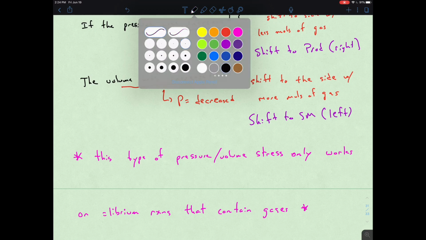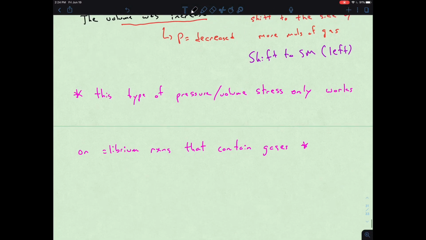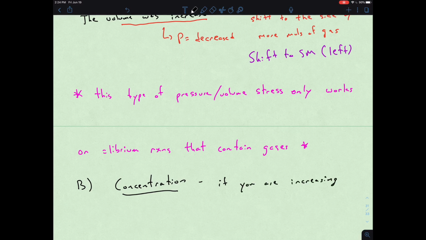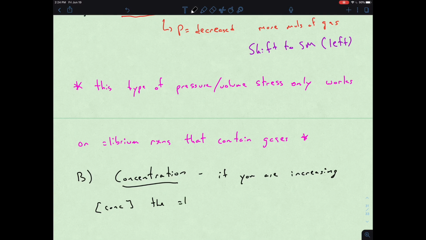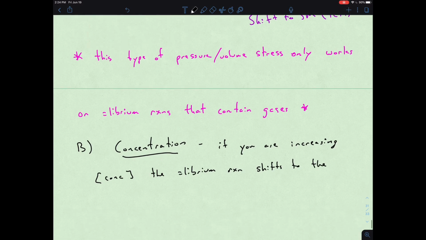So the next stress that we could look at would be concentration. And so basically, with concentration changes, if you are increasing concentration, the equilibrium reaction shifts to the opposite side.